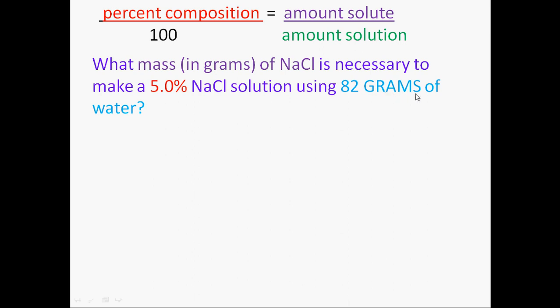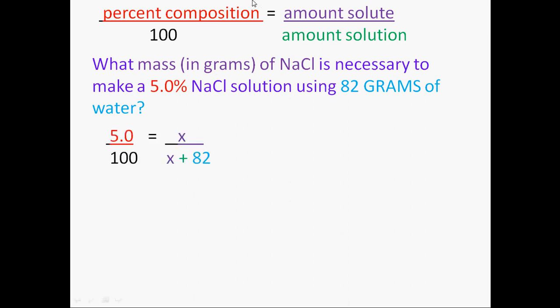So to get the number of grams of solution, what I'm going to have to do is take the grams of the solvent and add to it the grams of the solute. Basically, in order to get the mass of the salt water, I need to take the mass of the water plus the mass of the salt and add them together. So here's how I've set that up.